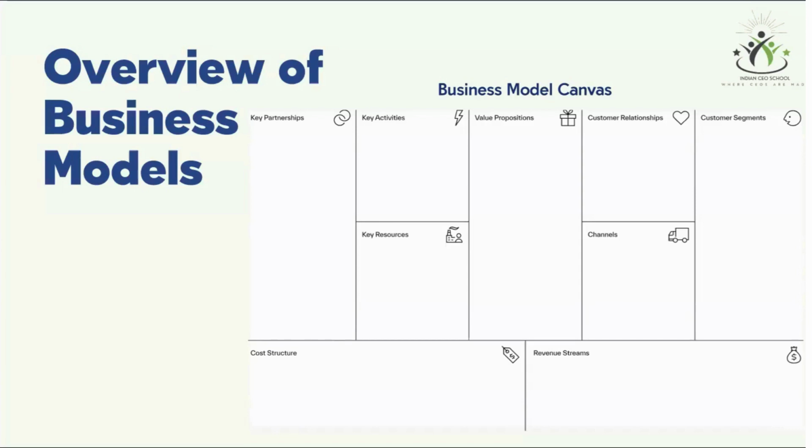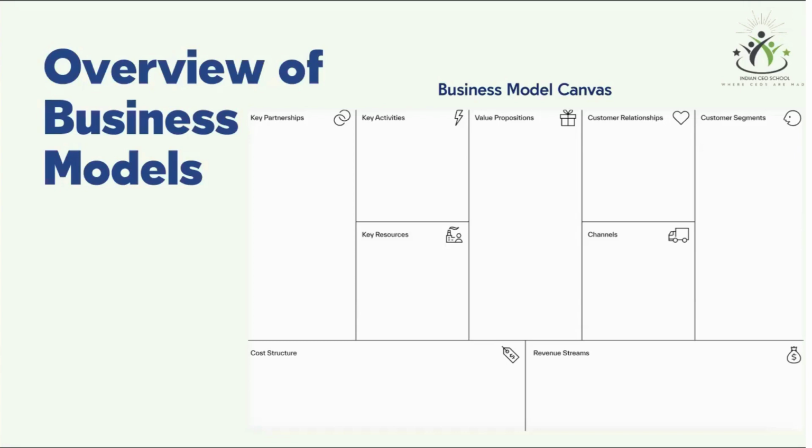So first of all, for every business or starter, we should have a canvas in front of us. It can be in notes, it can be on a board, whiteboard, or anything. Before that, there are a few factors that we should know before we start a business. The first one is key partnership. The second one is key activities.